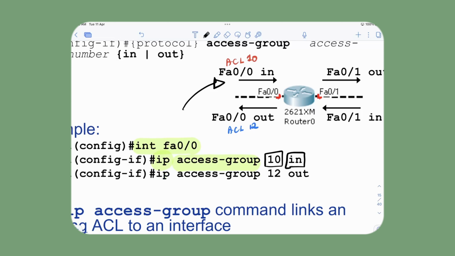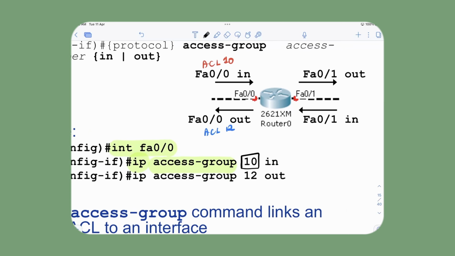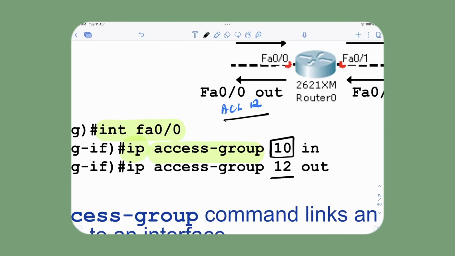So the command is not hard. Honestly, if you understand, it's not hard. For this one, ACL 12, the command will be access-group 12, and because this is the out direction, here I write out, like that only. The command is short and simple.